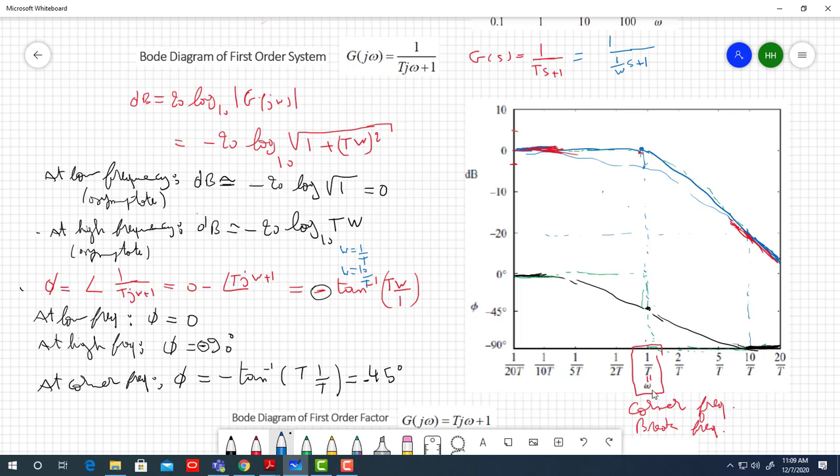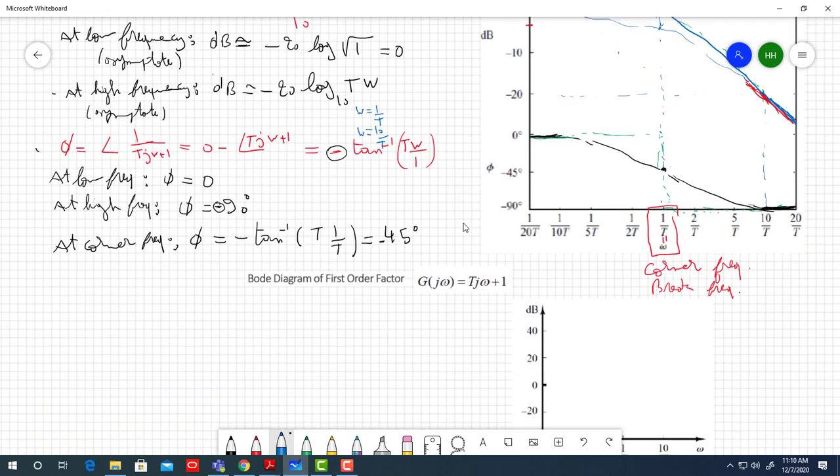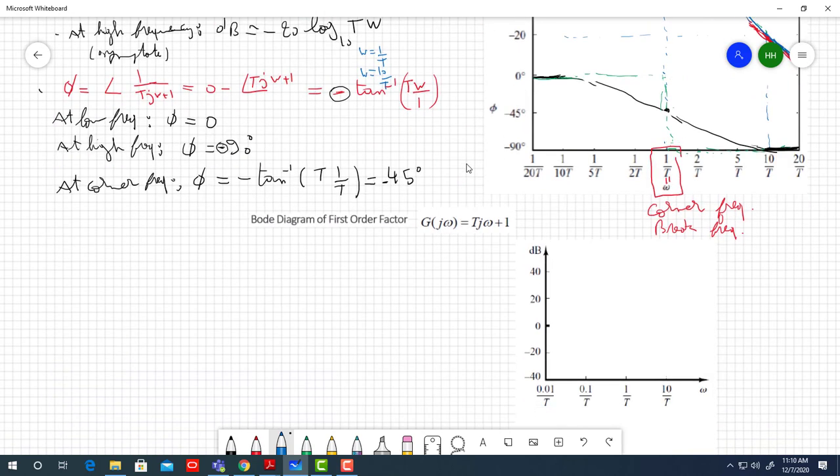This is the cutoff frequency. And the phase goes from 0 to -90 for a first order system, and at the corner frequency you have minus 45 degrees.